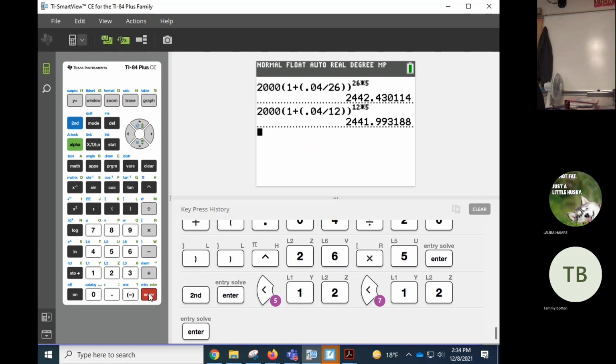So really, if you look, this one was compounded 12 times a year. This one was 26 times a year. What does that mean? Every other week, the interest is compounded.